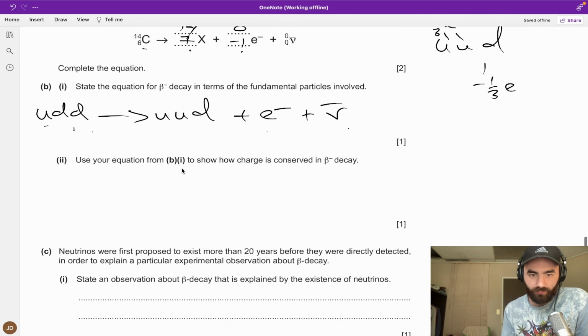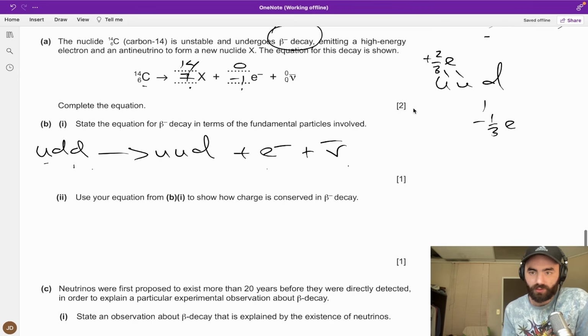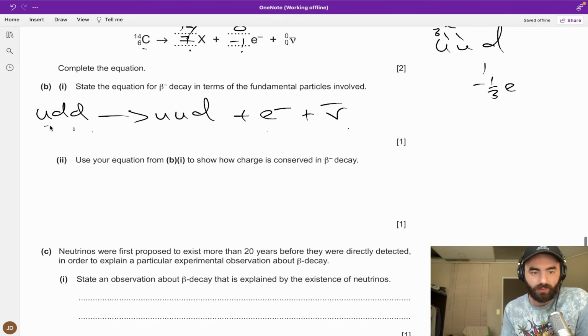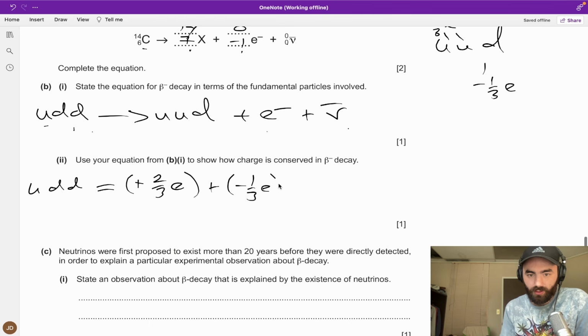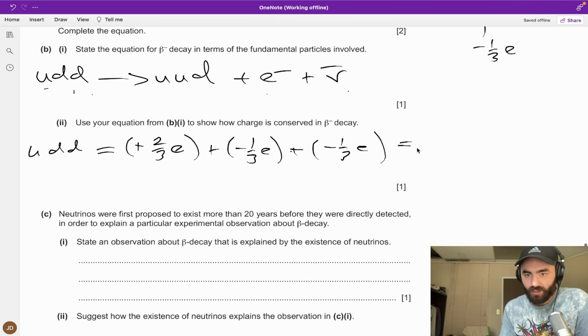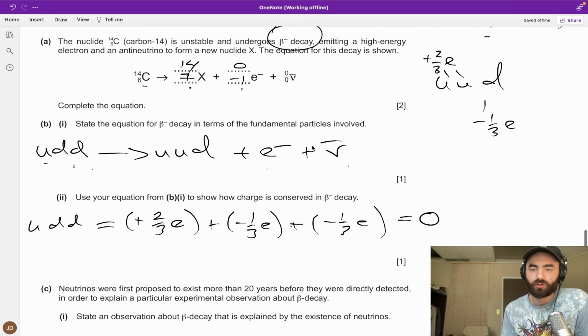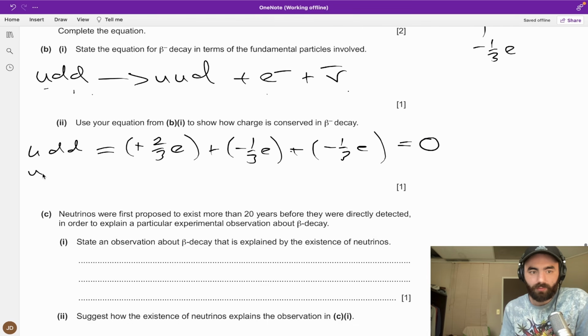Use your equation from before to show charge is conserved. Oh, well, I just kind of did that. But okay, this up, down, down is going to be an overall charge of 0, right? We have the up, which is plus 2 over 3e, plus minus 1/3 e, plus minus 1/3 e. That gives an overall charge of 0. This is the neutron. For this one, up, up, down, do the same thing, but 2 ups will give us a charge of plus e.